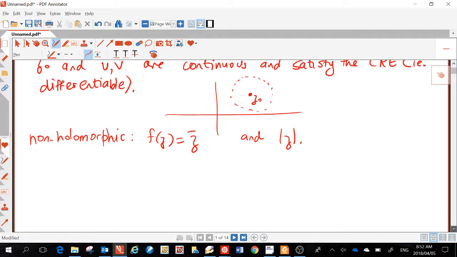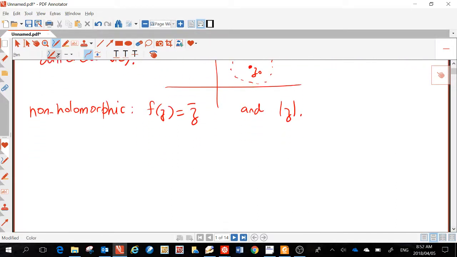Now, another word, harmonic functions. Harmonic. This word you should know. Anyone know something about harmonic functions? Where have you heard this word before? In what context? Have you seen it in other aspects of math? Or even physics?